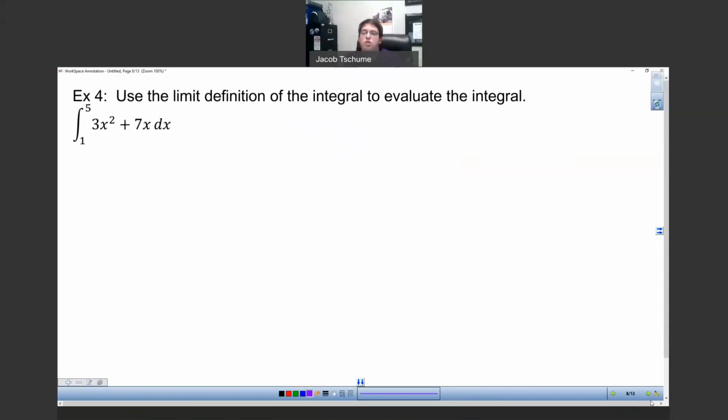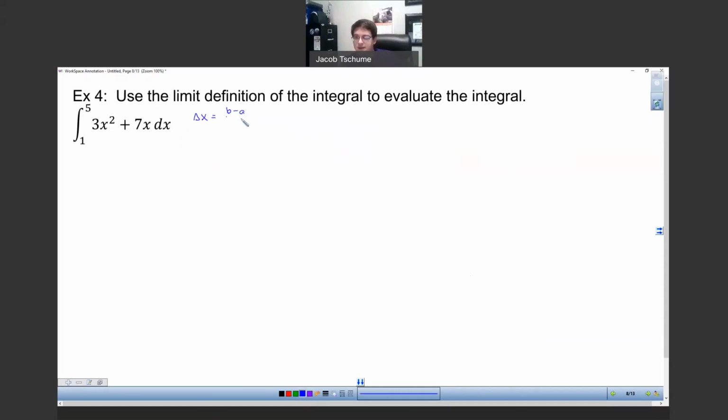So I want you to work out, using the limit definition of the integral, the integral from 1 to 5 of 3x squared plus 7x. So what you're going to have to do is convert this into a Riemann sum, and then we're going to have to do a bunch of algebra. Before we can turn this into a Riemann sum, we need 2 things. Number 1, we need delta x.